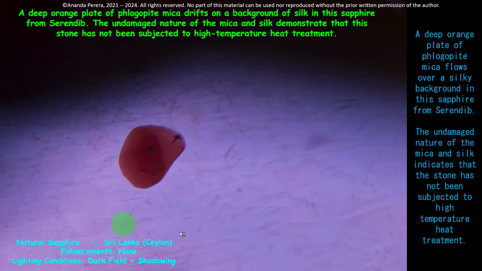This is the silky background, in the sapphire from Serendib. Serendib means Sri Lanka. See the undamaged nature of the mica and the silk. It indicates that the stone has not been subjected to high temperature heat treatment. So it is a natural sapphire.